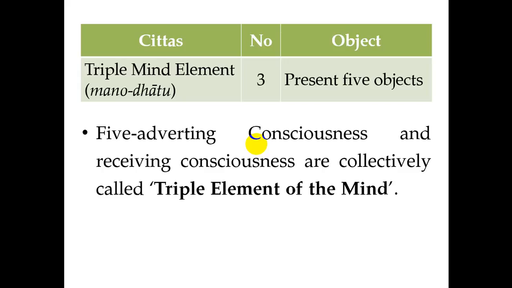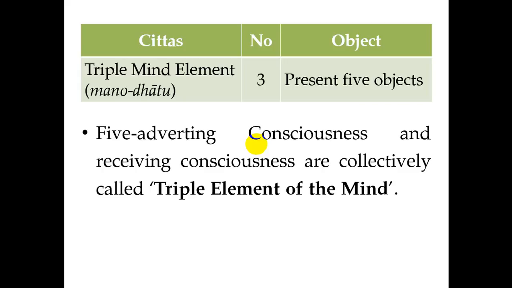So mind element, the five door advancing consciousness and receiving consciousness, take only the five objects, the objects that have been taken by the eye, ear, nose, tongue, and body. Actually, the mind is immaterial, while eye, ear, nose, tongue, and body are material. So we can say the triple mind element, or manodhatu, takes the present five material objects, right?